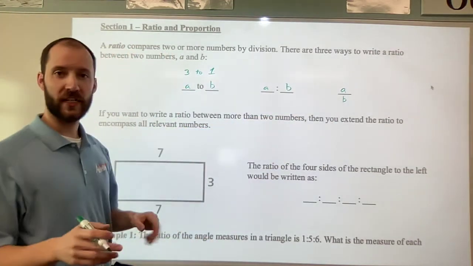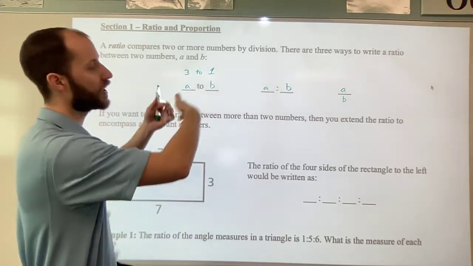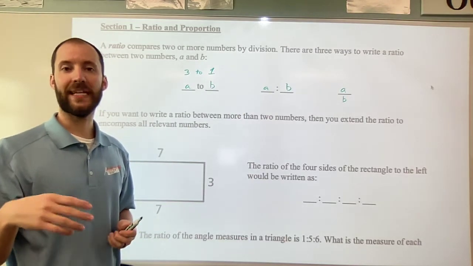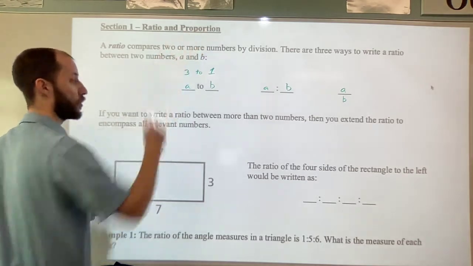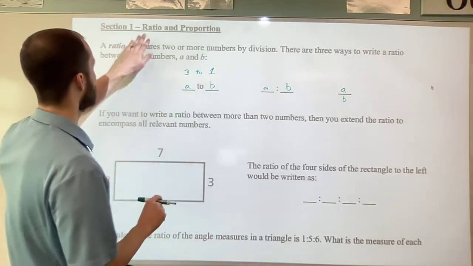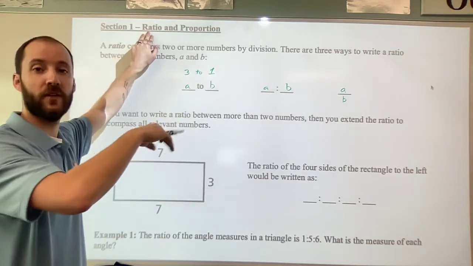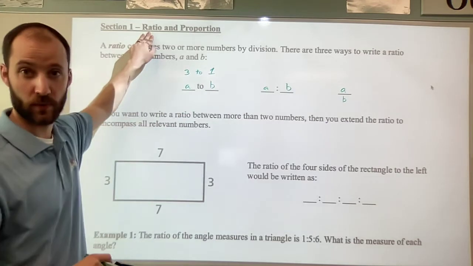Eventually we'll start making these ratios into long lists of ratios and usually setting them equal to each other, which is when we get a proportion. So a ratio is just one comparison, one fraction, one colon, one sentence with the word to.